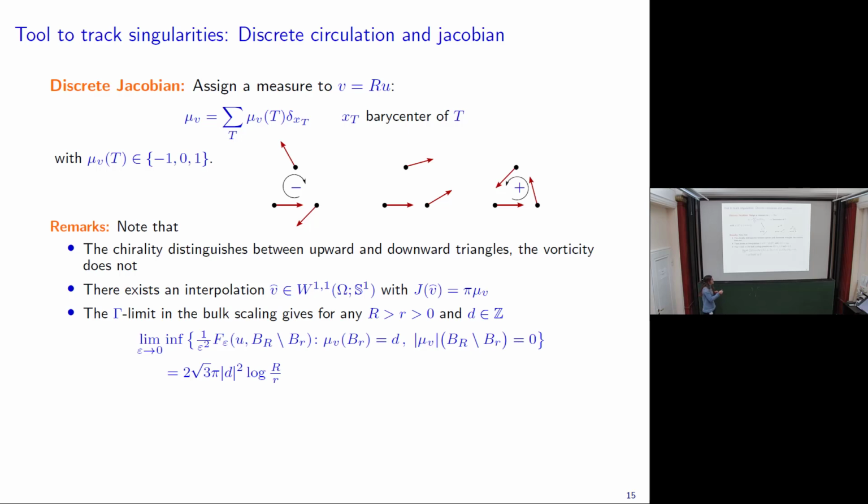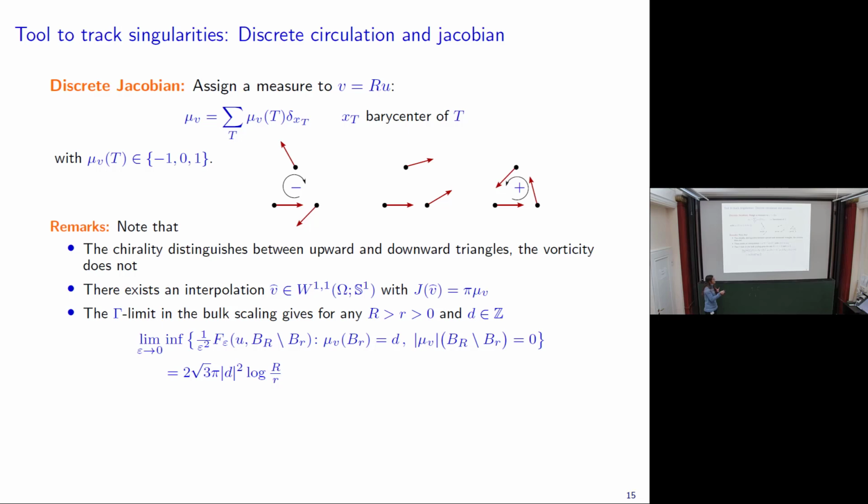In particular, you can use that to get a nice lower energy bound on annuli, where you say that your measure in a small ball should be equal to a certain integer d, and the mass on the annulus is 0.